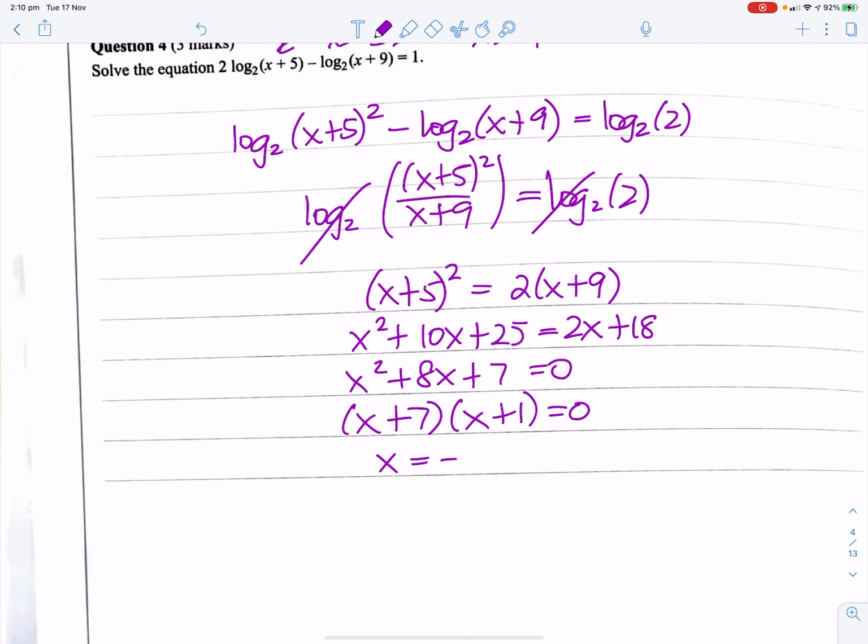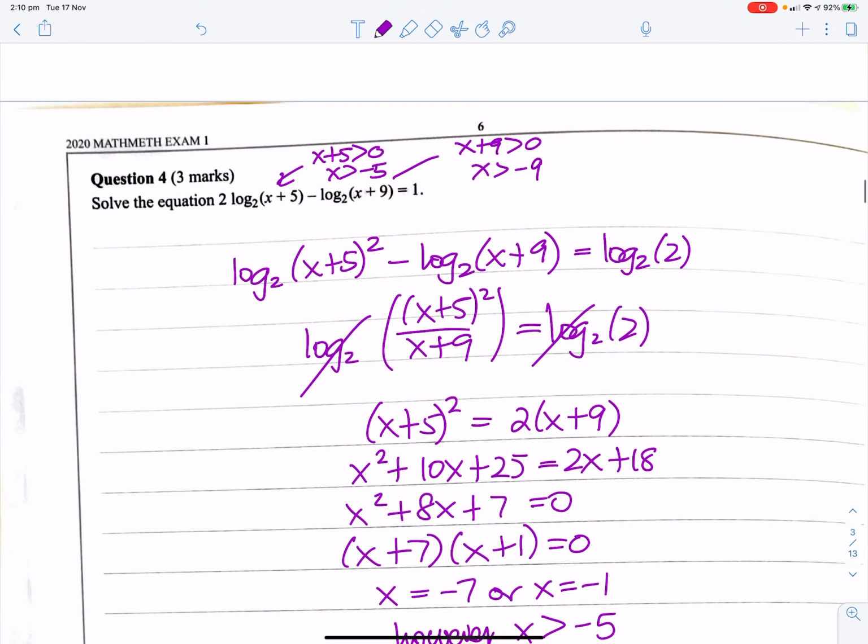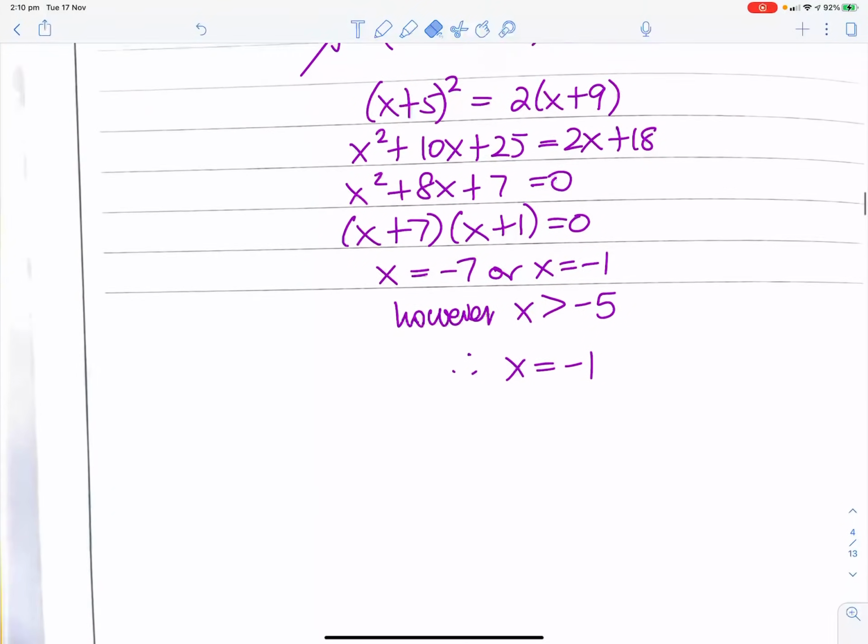X is equal to -7, or x is equal to -1. However, x has to be greater than -5. Therefore, x is equal to -1. We couldn't put -7 in that because we'd be logging a negative, which isn't possible.